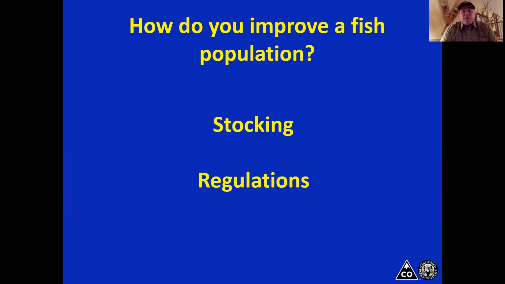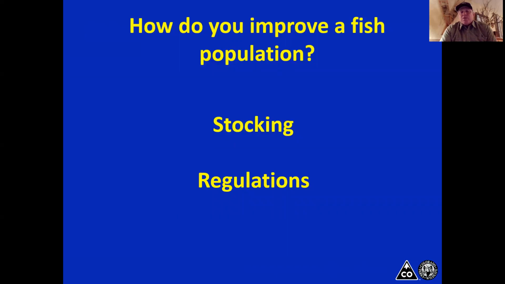Also, we can adjust regulations. It turns out that humans are pretty powerful in their ability to influence fish populations, in terms of our harvesting abilities. For instance, maybe there are limitations on the number of fish recruiting to a stream, meaning we have too few reproductively mature adults to create new offspring to improve the population in future generations.